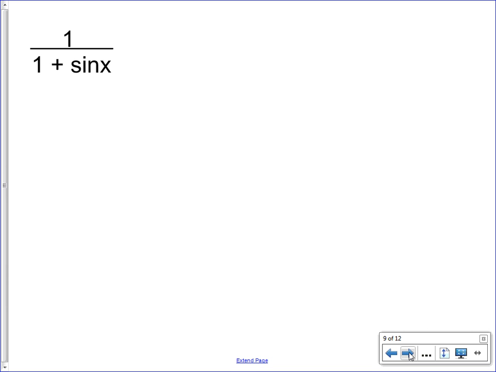If you recall back to last semester sometime, we worked with the word conjugate. So we're going to multiply by the conjugate of this denominator. No imaginary numbers, okay?